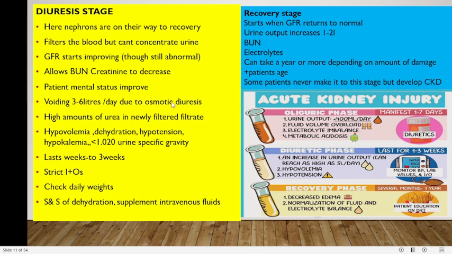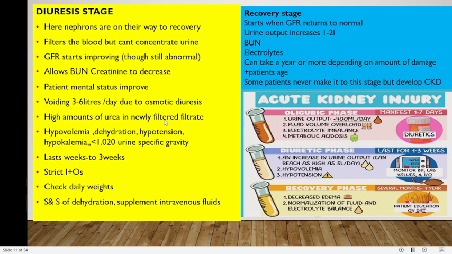So voiding, we have 3 to 4 liters per day due to osmotic diuresis. High amounts of urea are found in the newly filtered filtrate. This is understandable because in the oliguric phase we had more wastes. Diuresis is recovering, so more wastes are getting out of the body.